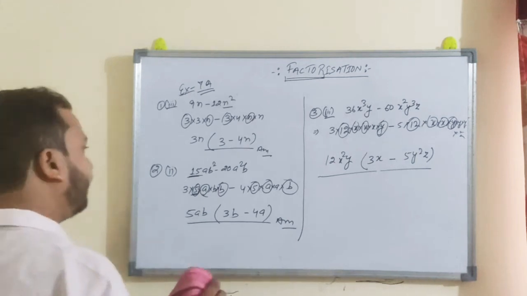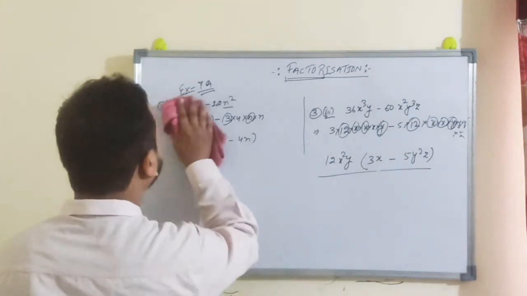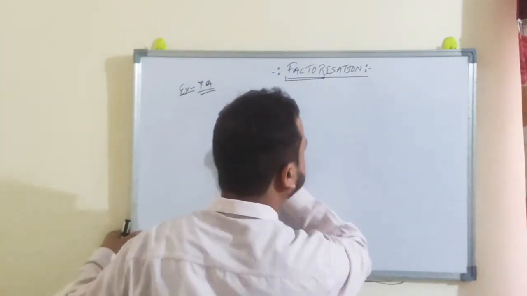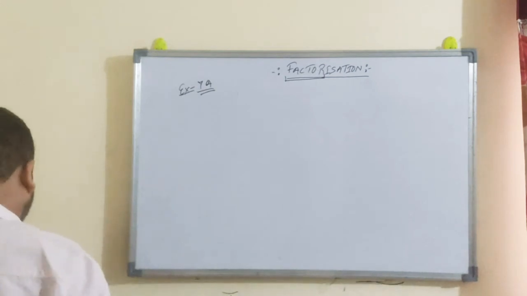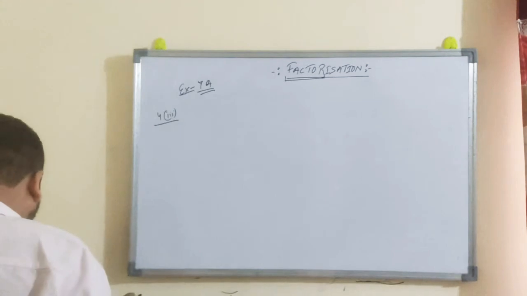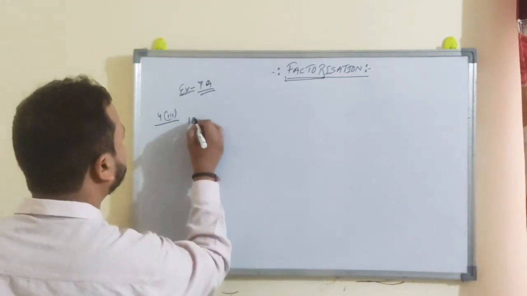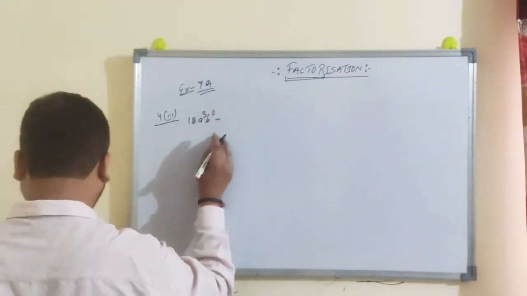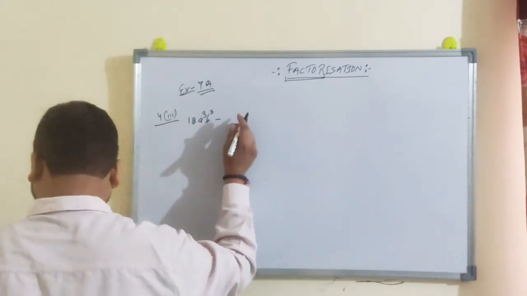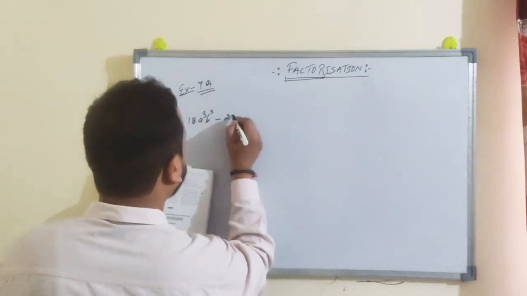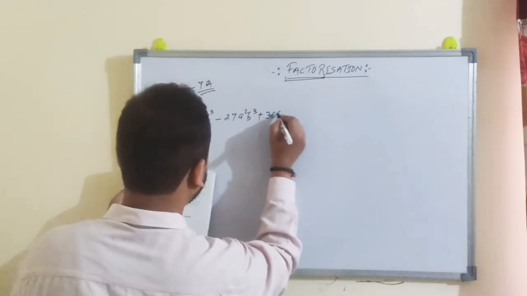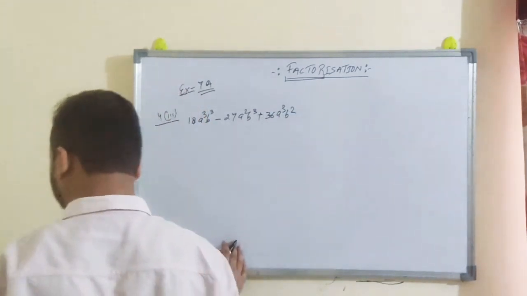Now come to question number 4. I'm going to take the third part of question number 4. So question number 4, third part is 18a cube b square minus a cube b cube minus 27a square b cube plus 36a cube b square.